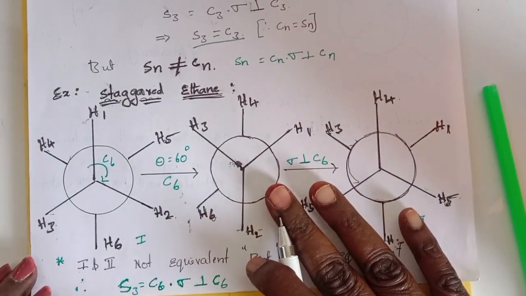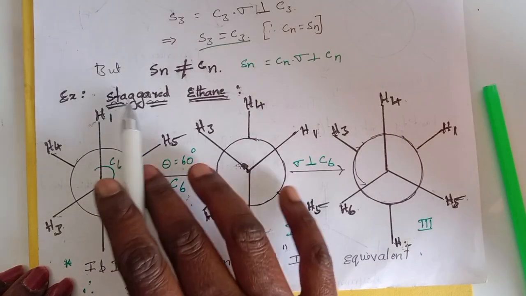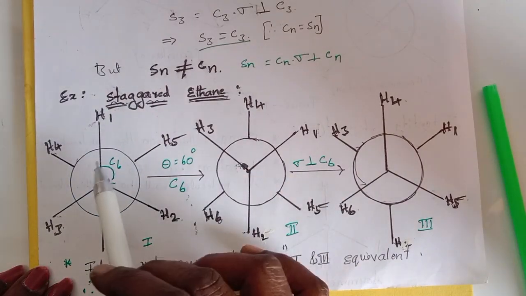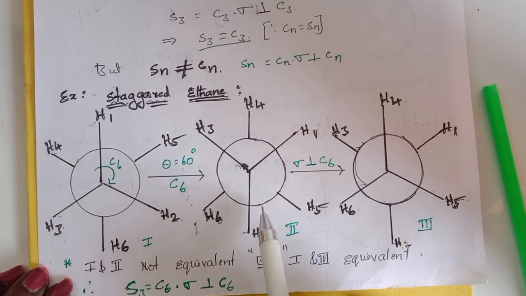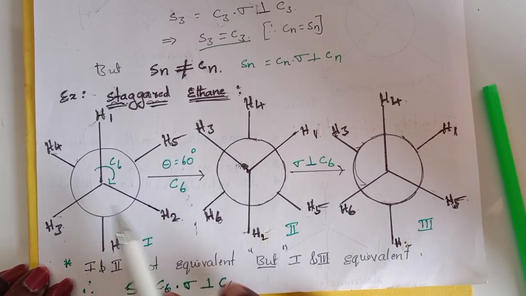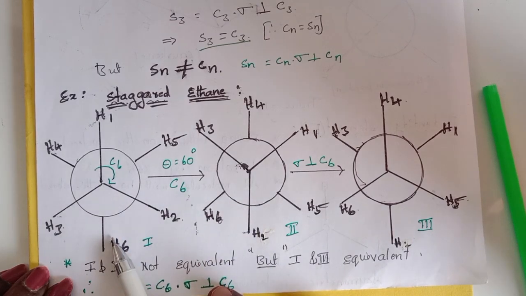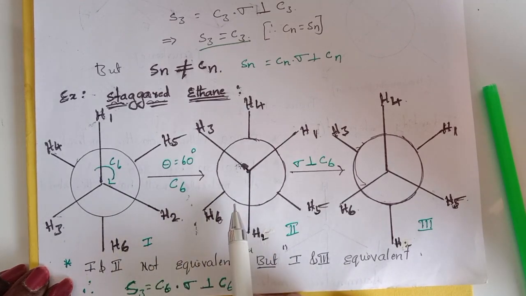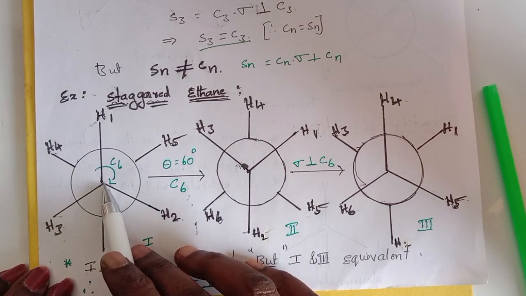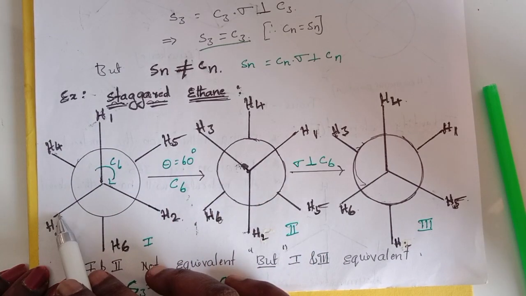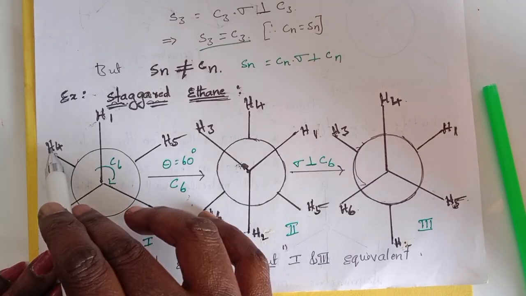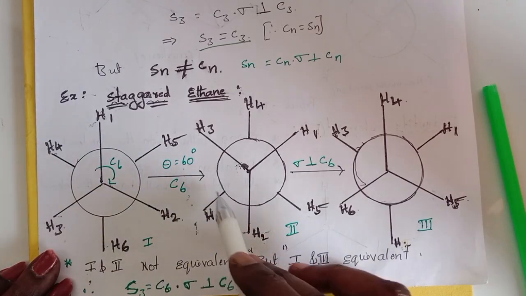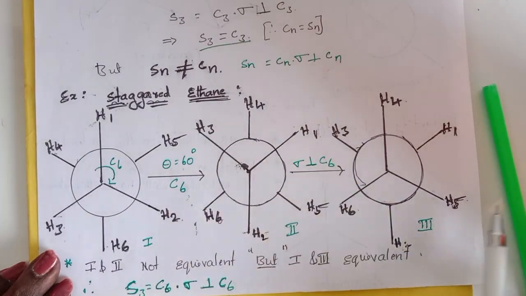But in some cases, for example in staggered ethane, by doing the C6 rotational axis, this will be the resultant configuration. If we see, is it an equivalent configuration? No, not equivalent, because the front carbon structure is like this, but here the front carbon structure is like this, and the back carbon structure is like this, but here the back carbon structure is like this, right?